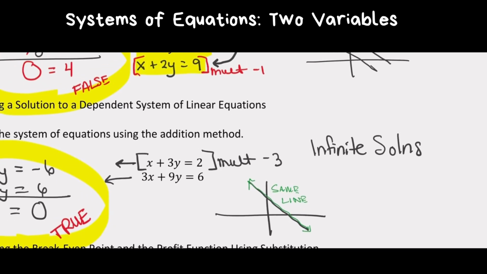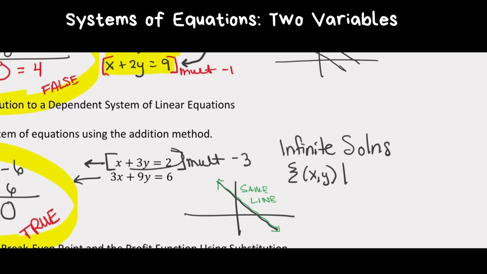The solution is, there's infinitely many, but what are they? They're all the x, y pairs such that, and it doesn't matter which equation you use, okay? I'm going to use this top one, such that x is equal to 2 minus 3y, okay?